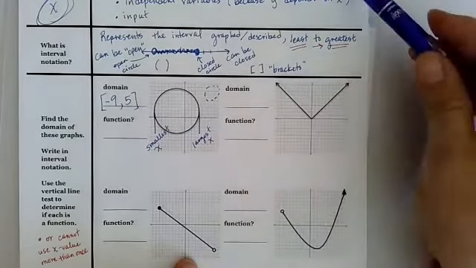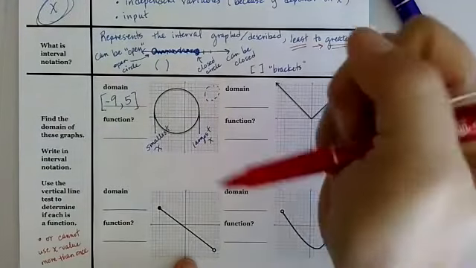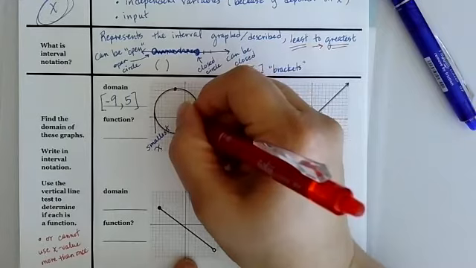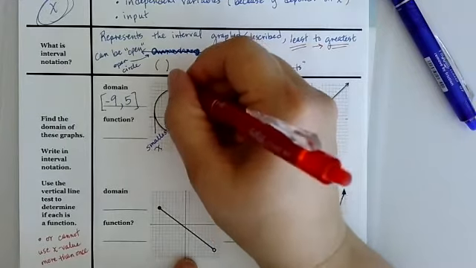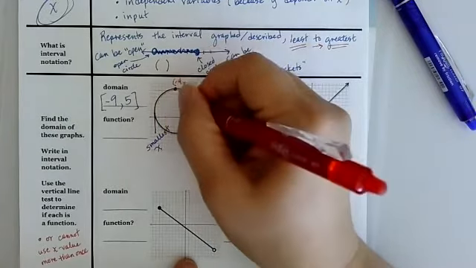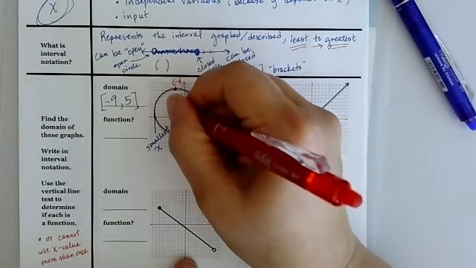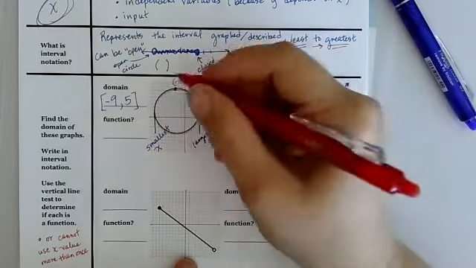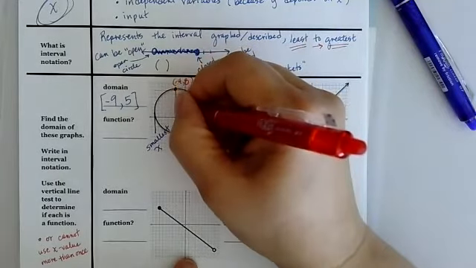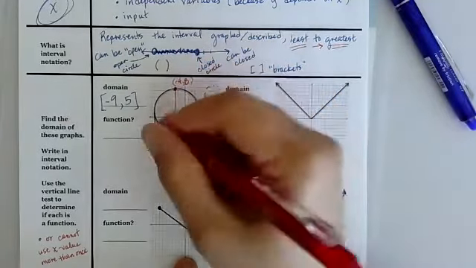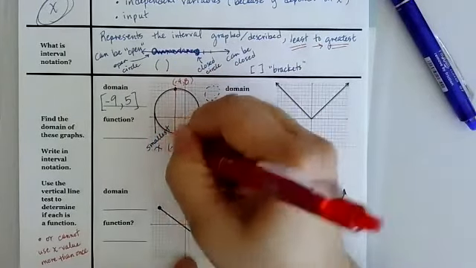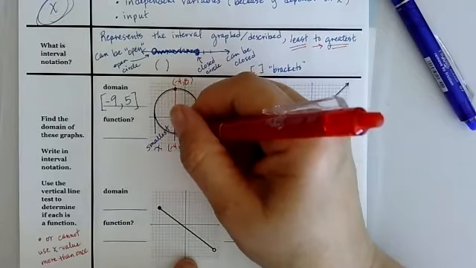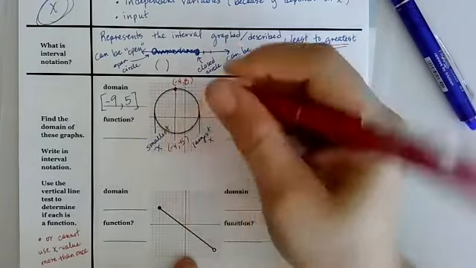Is this a function? Well, you can pick any 2 points on here. This is negative 1, 2, 3, 4. -4. 1, 2, 3, 4, 5, 6, 7, 8. Okay, but I also have another point where x is -4, and that's at -4, -1, 2, 3, 4, 5-ish.